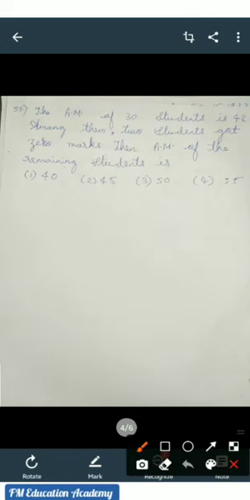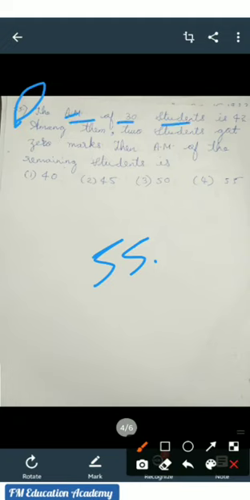Now out of the 54th question, the questions may be jumbled up, that is in set A, this is not the 55th question, but it can be any question from 55 to 60. So see the question, the AM of 30 students, AM means arithmetic mean here, is 42. Among them, 2 students got 0 marks. Then the arithmetic mean of the remaining students is.